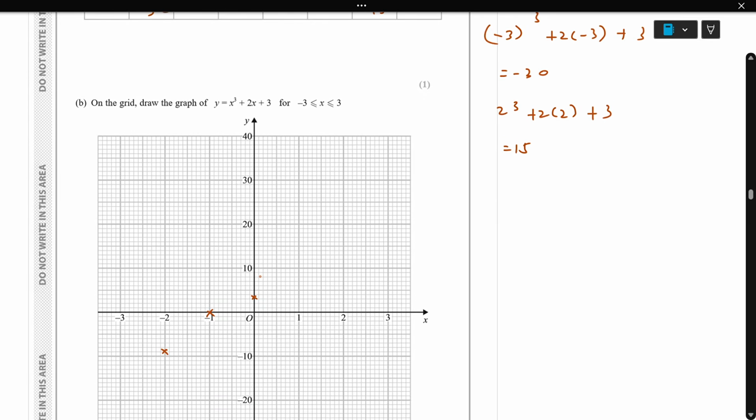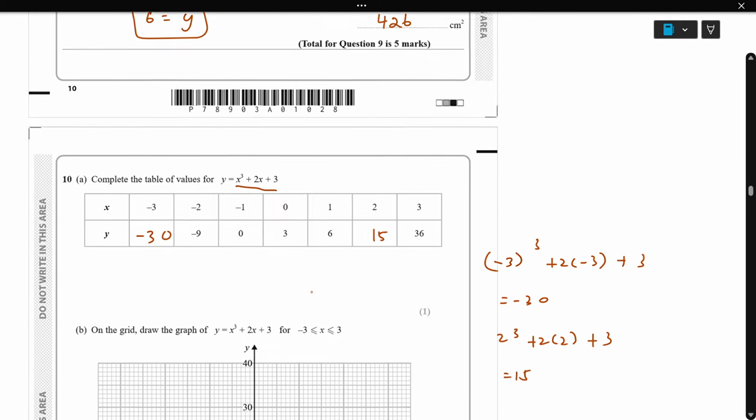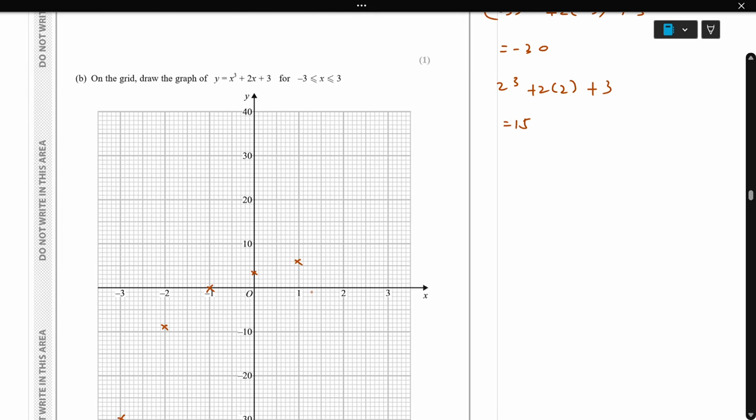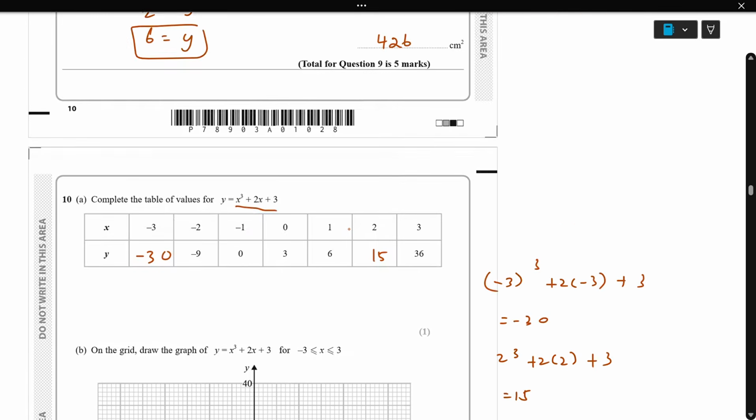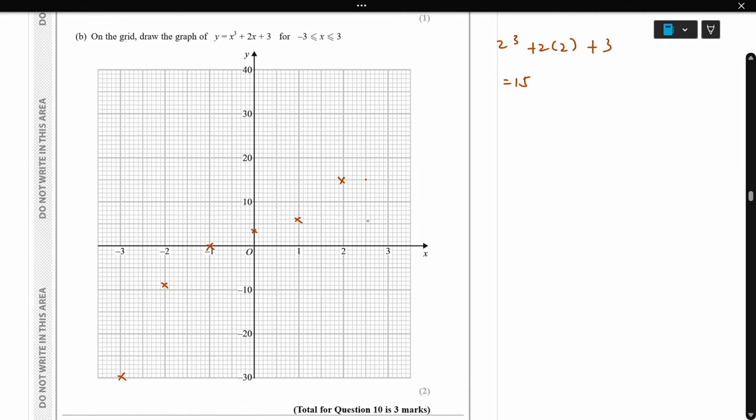Next, 1 comma 6, then 6 here. Next, 2 comma 15 is here. Then 3 comma 36, and 36 is here.